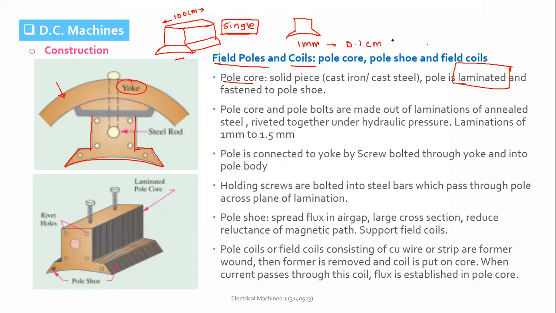Correct. 1 millimeter is equal to 0.1 centimeter. Fine. And I want to make 100 centimeter in total. Yes, correct. It's 1,000.